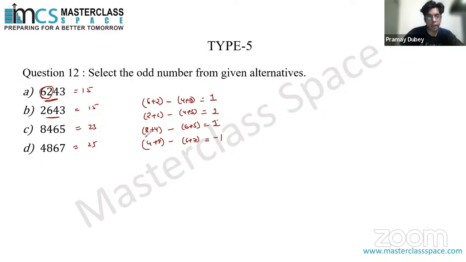Sir, in the A, B, and D options, all of the sums are multiples of 5, but in C, it is not a multiple of 5. Yeah, so that's what I'm saying. See, if the sum of all of them were equal, then that logic could have worked. Again, now we are placing a logic on another logic.